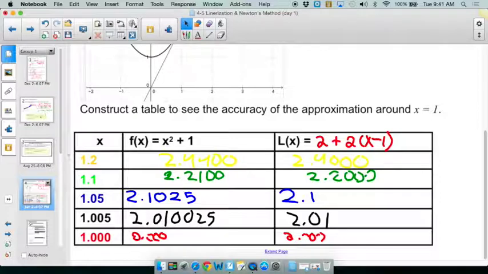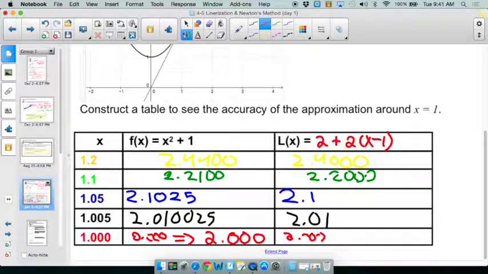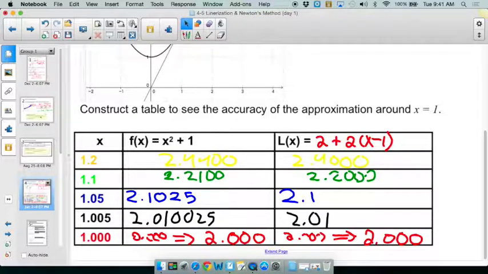Okay, I believe that means 2.000, and this also means 2.000. Okay, so if we look at the function and we look at the linearization, which is nothing more than the approximation, we see that we have a difference of 0.04 here.